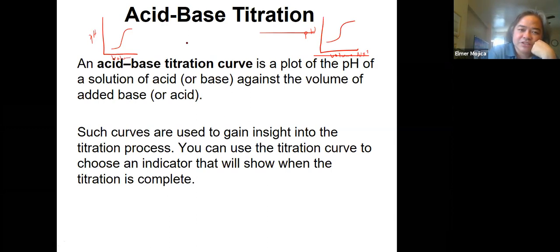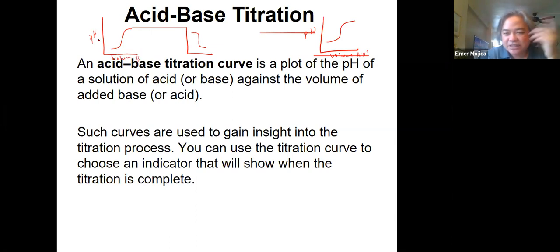Because you can also have a system like this one. So if you have a system like this, you're adding base on it. Why? Because the pH is increasing. If you have a system like this, most likely you're adding an acid to it. So it's not always base that is being added. It depends. So this is what we call the titration curve. Now, what information does the titration curve give you?